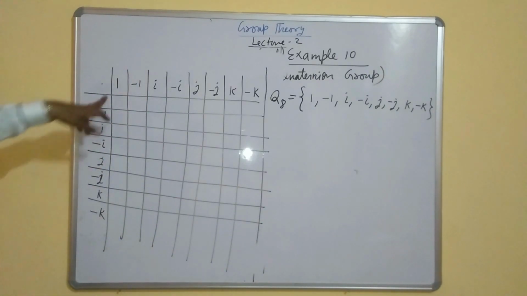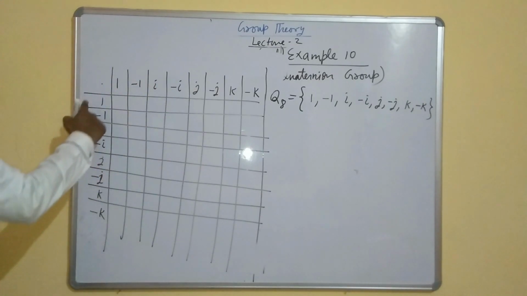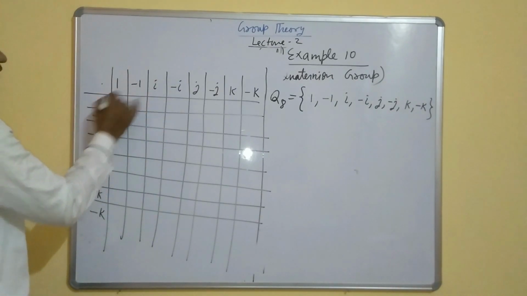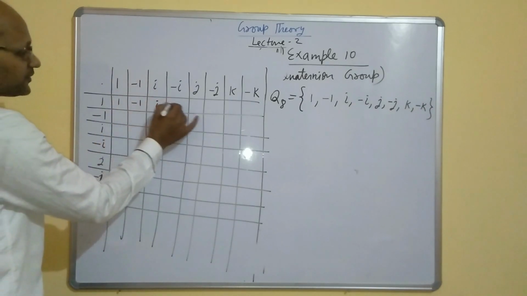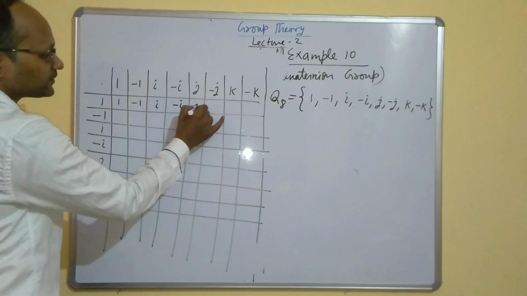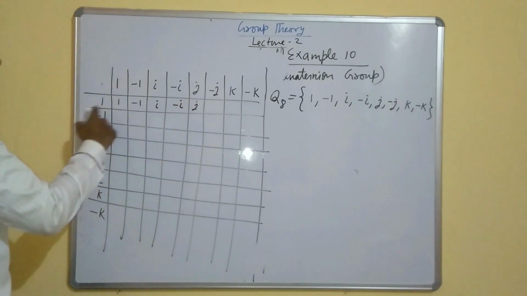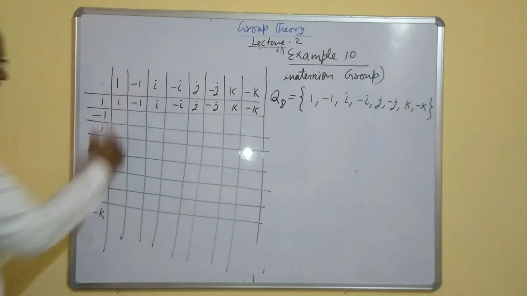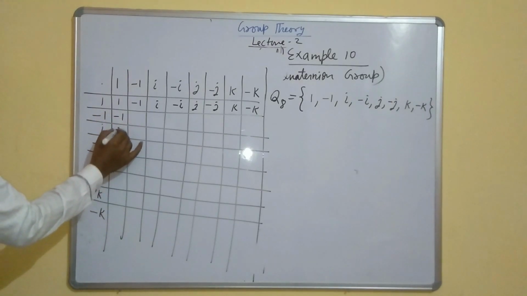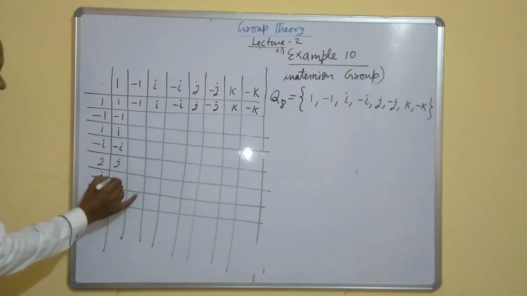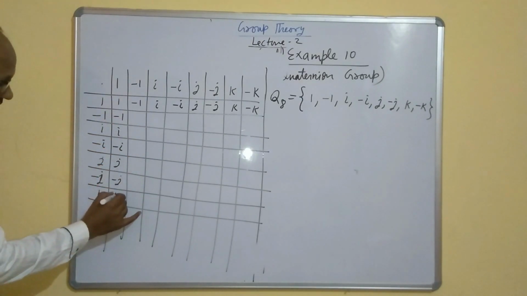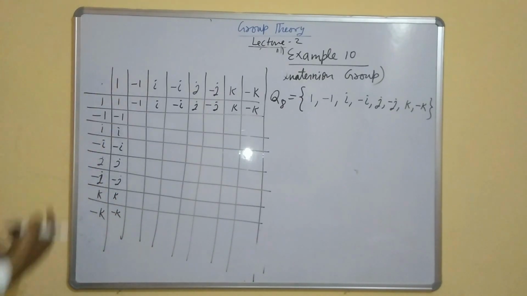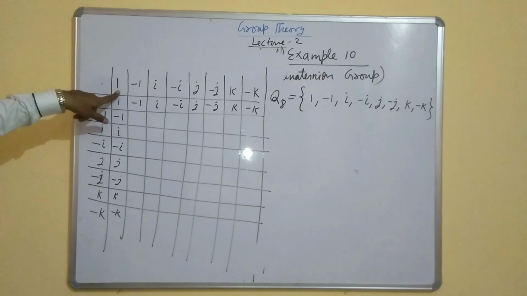So how to fill it? 1 will work as the identity element. So product with 1 will give you the same element for any element: j, -j, k, -k. Similarly on this column. I write all these elements here because 1 is the identity element in this group.